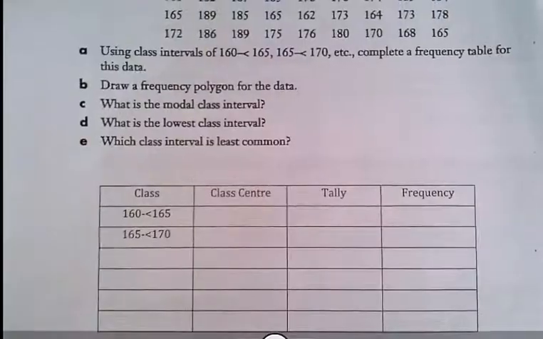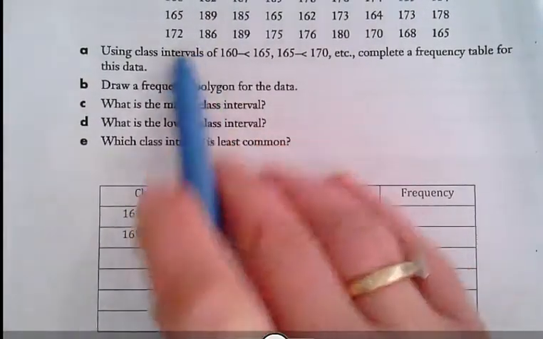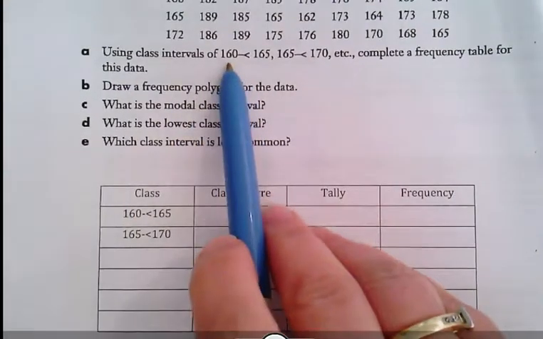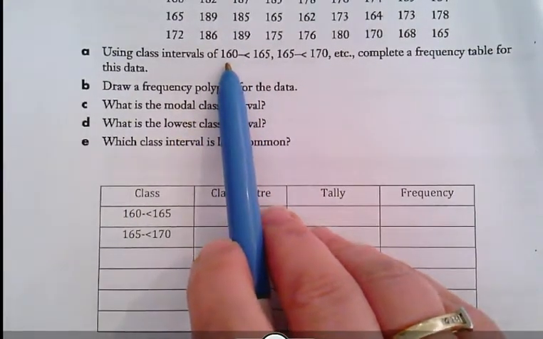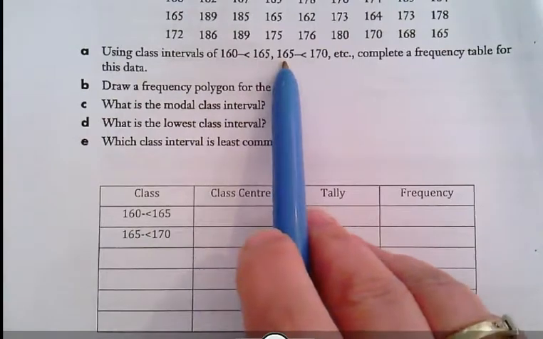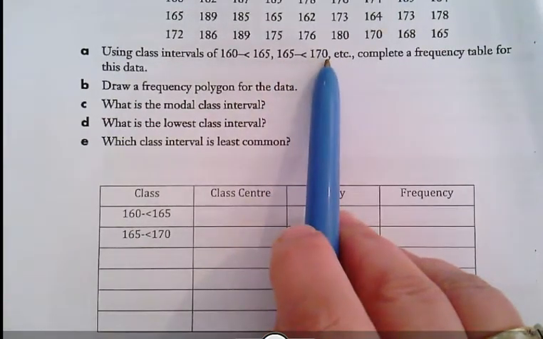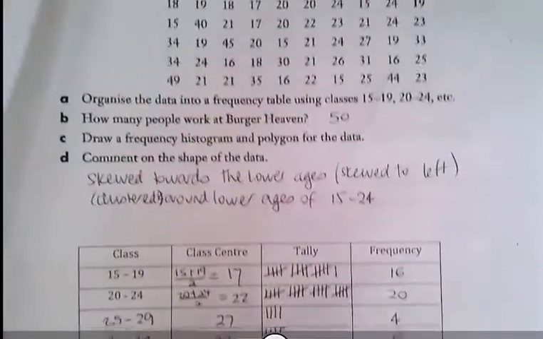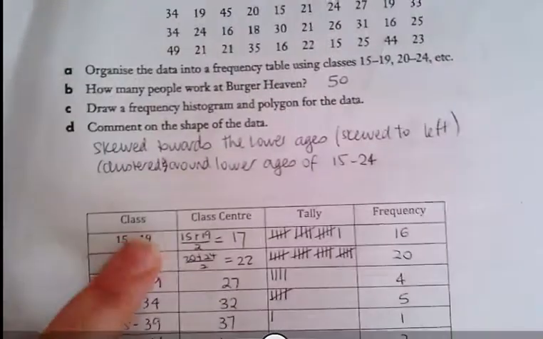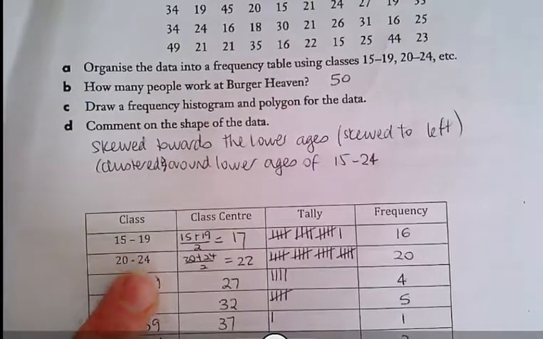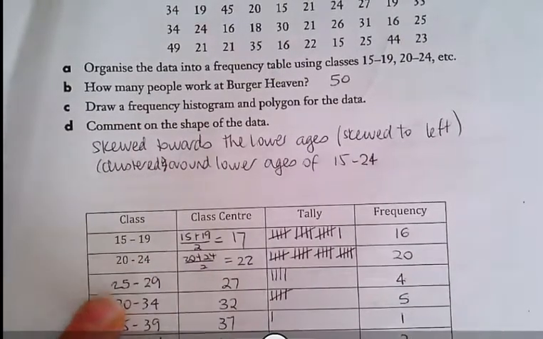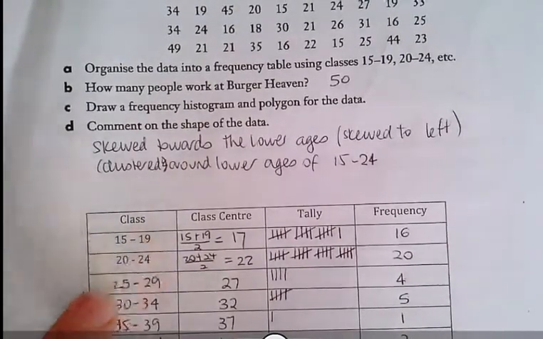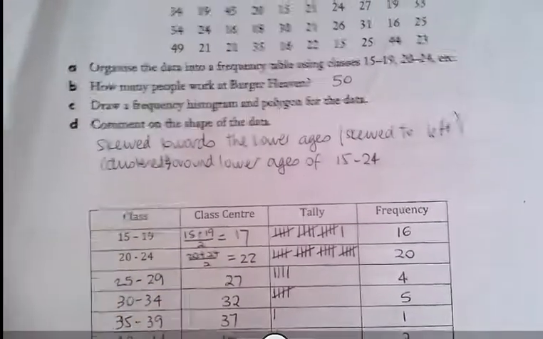Okay, now that might seem a bit confusing. So we are using these class intervals from 160 through to less than 165 and 165 through to 170. Okay, the reason it's different, notice this finishes on 165 and so does this, but the table before with the numerical discrete data just goes 15 to 19 and then 20 to 24, and from 24 it then jumps to 25, so there is no same end and beginning of class.